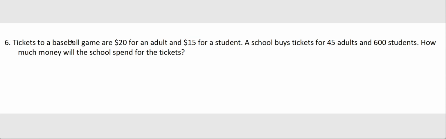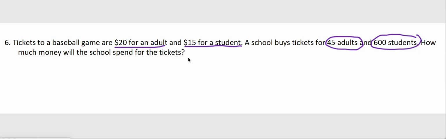So I'm looking and I know that it's $20 for an adult. I know that it's $15 for a student. I know that I have 45 adults. And I know that I have 600 students. And then my question is, how much money will the school spend for the tickets? So I'm looking at the total amount of money that is going to be spent for these tickets.